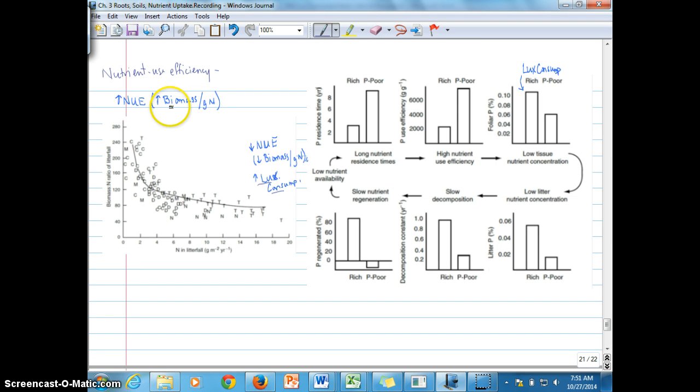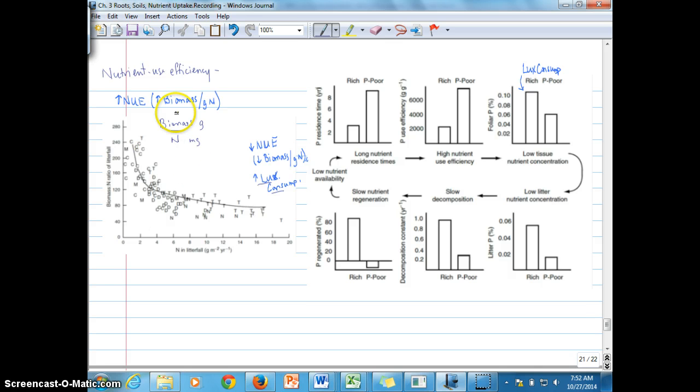So what we're looking at is the biomass, in grams or milligrams depending on the plant, per nitrogen used in the tissues. As the nitrogen content decreases, we can see that ratio starting to increase, where now we have higher biomass to nitrogen when there's lower nitrogen in the litter.